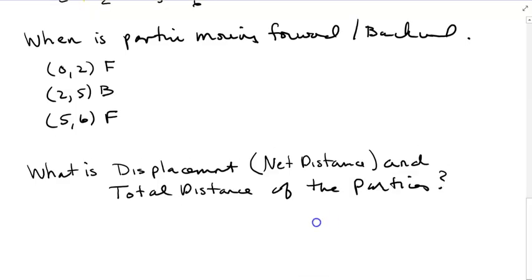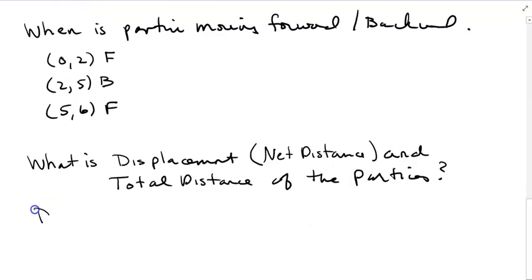Okay, so let's talk displacement for a minute. Displacement is the difference from where you began to where you ended. Displacement doesn't care what you did in between to get there. In other words, if you live a block from school and you drove to school and it was only 1 block, your displacement is 1 block.